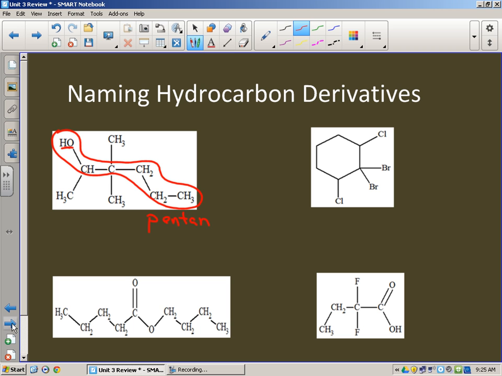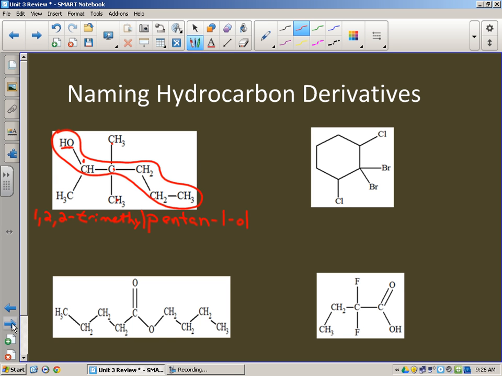Don't forget the AN there, and then 1-ol, it's on the first carbon. The OL, of course, is the alcohol part. So that's carbon 1 right here. That means that on carbon 1 I have a methyl group. On carbon 2 I have a methyl and a methyl. So I'm going to go with 1, 2, 2 methyls. 1,2,2-trimethyl.